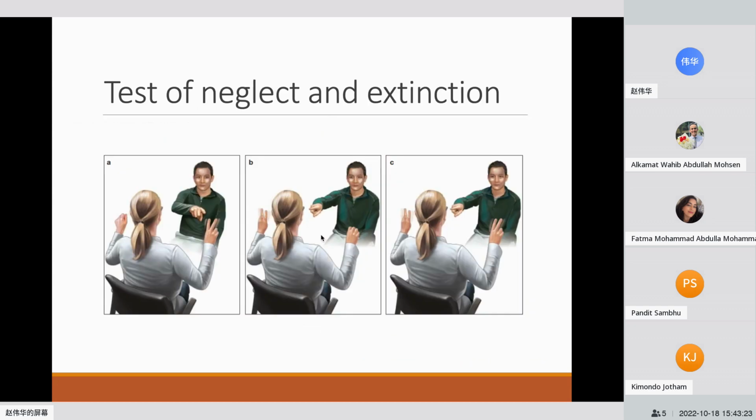And for the stimuli, so just raised the fingers. The patient correctly detected and responded to the stimuli if just presented one at one time.